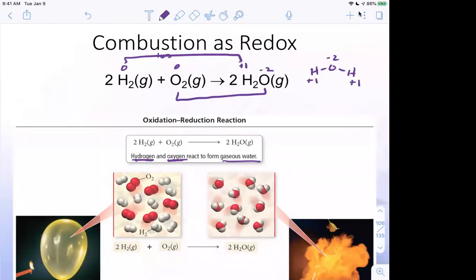So this lost electrons, this gained electrons. This is my oxidation, this is my reduction, and this is a process of knowing what kind of numbers I'm going to use in order to track the electrons, which I will actually talk to you more about later.